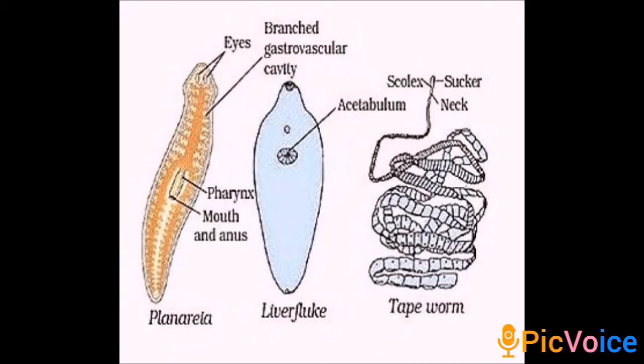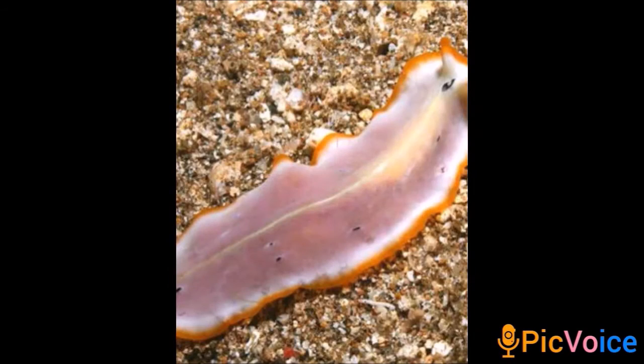And these flatworms are bilaterally symmetrical, that is, when we divide along the central axis, it will be divided into two equal halves, and they are triploblastic, that is, three layers are present, and acoelomate, no body cavity is present, with organ level organization. The organs are well developed. And these Platyhelminthes have hooks and suckers.